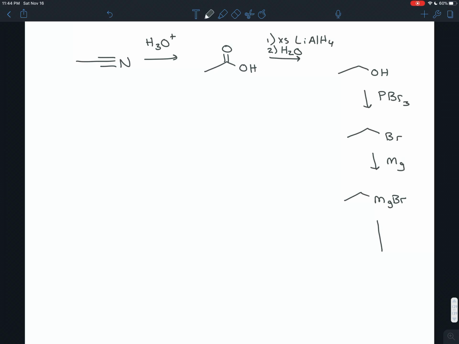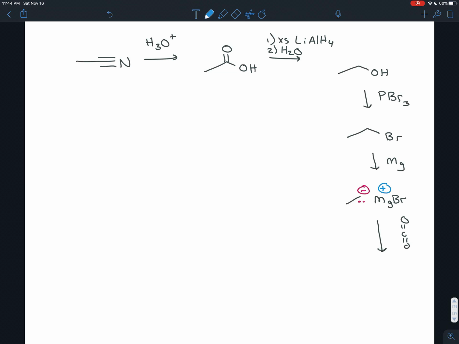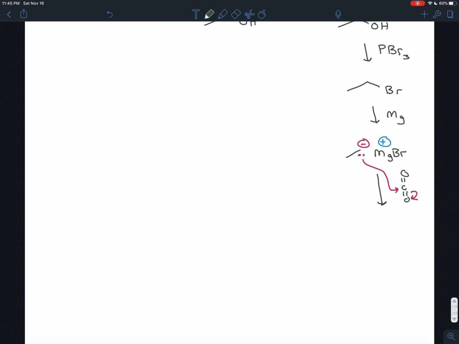So if we treat this with carbon dioxide, the carbon nucleophile in the Grignard reagent will attack the carbon in carbon dioxide, break open a pi bond, and what we'll be left with is a 3-carbon molecule with a double bond to an oxygen and a single bond to an O-.